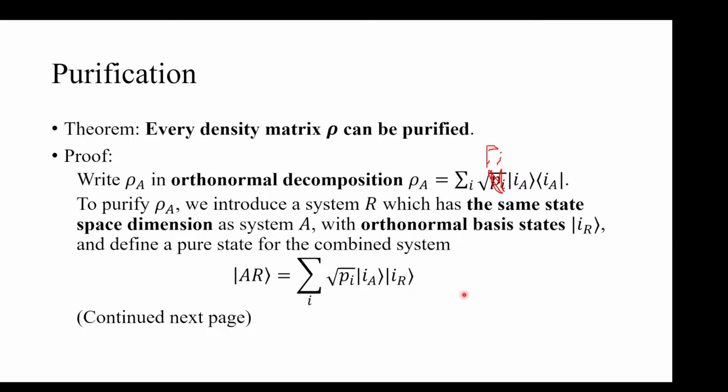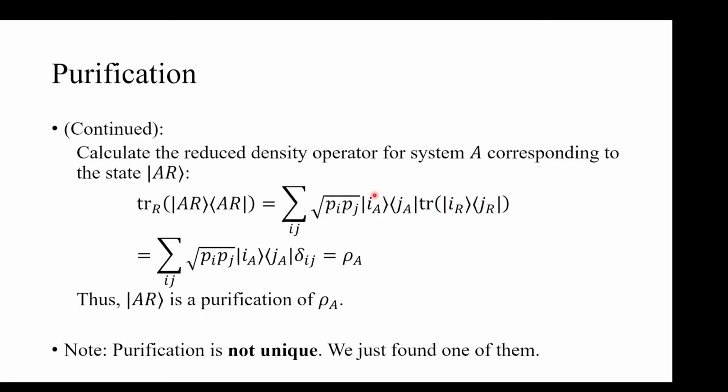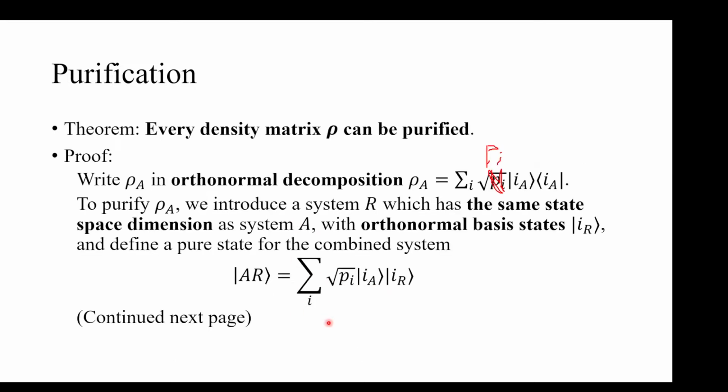So AR is this, and it is a purification of our state. The rest of the proof is to take trace R on this thing and see that it's actually rho A, testing that our AR does what we want. So, trace R of AR: AR has one summation over i.